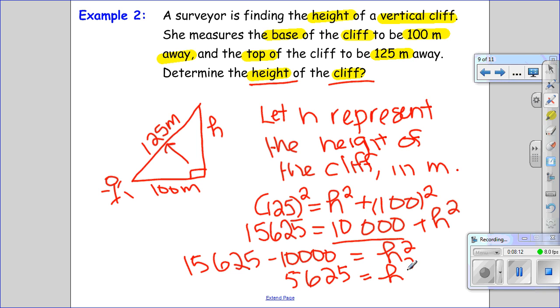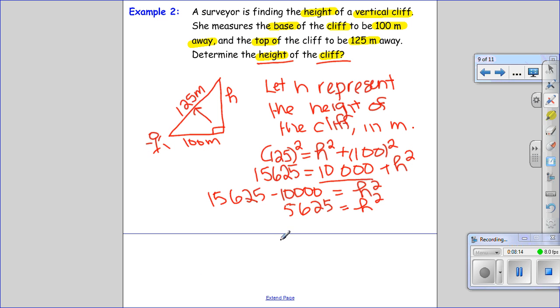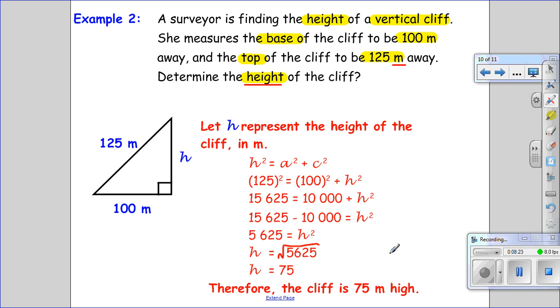And then, in order to get the height, I have to figure out the square root of 5,625, which I'm just going to cheat and turn the screen to the next page, and that's 75 meters.